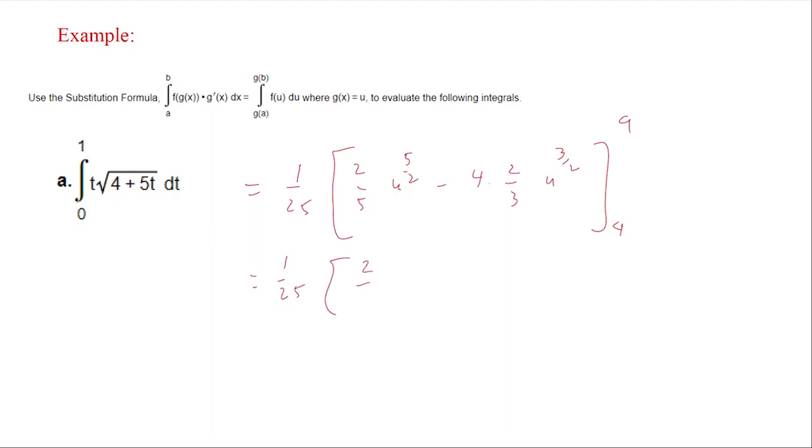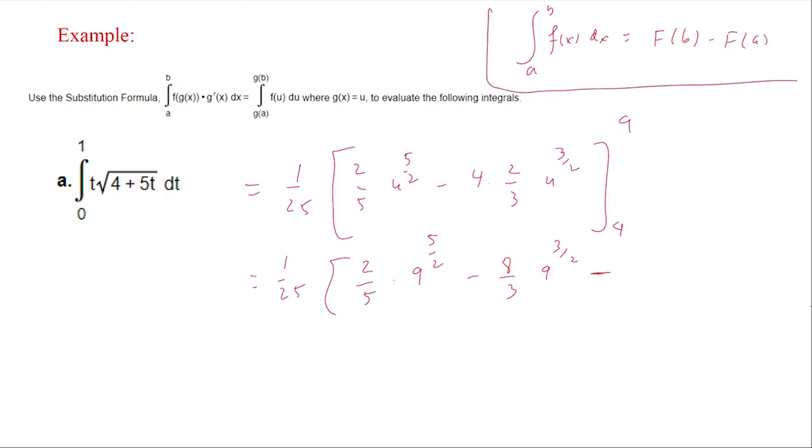That will give us 2 over 5 times 9 to the power 5 over 2, which is actually 3 to the power 5, minus 8 over 3 9 to the power 3 over 2, minus, if you remember the integration of the finite integral from a to b is f of b minus f of a using the fundamental theorem of calculus.